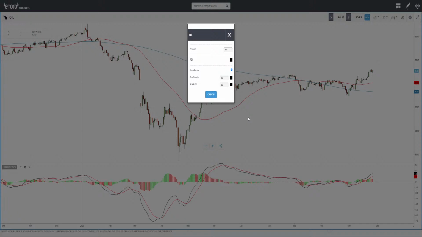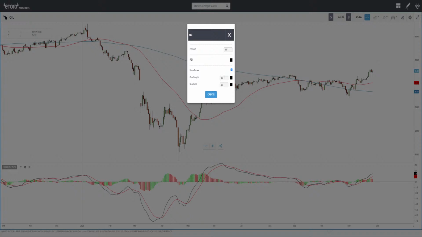eToro is a little bit different than the RSI in other programs, and I don't know why they have this. I don't like it because the RSI, first of all, has a moving average of 14 days. So for the period of 14 days, but it is basically these overbought and oversold measures that I don't like.